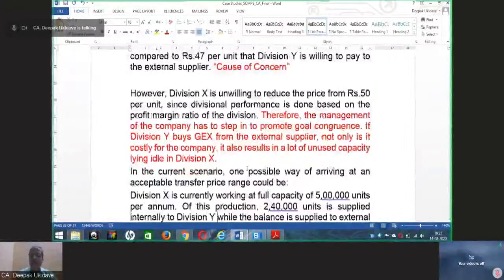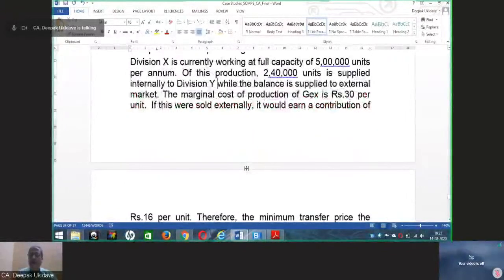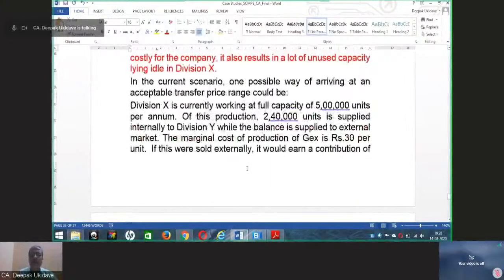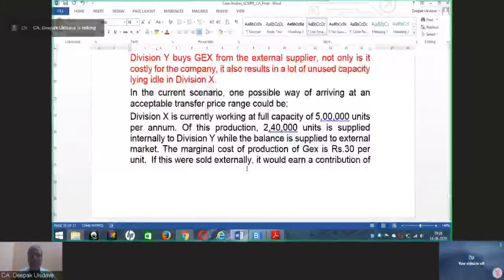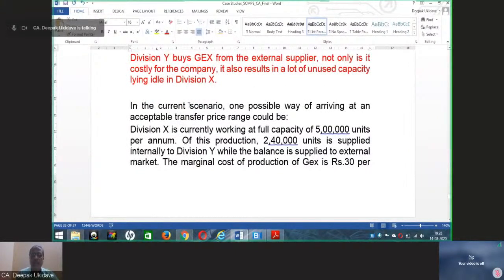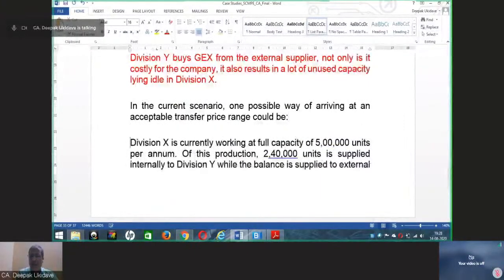And in the current scenario, one possible way of arriving at the alternative acceptable transfer price range could be, now price you have to discuss, the acceptable price range of transfer price could be, division X is currently working at its full capacity of 5 lakh units.